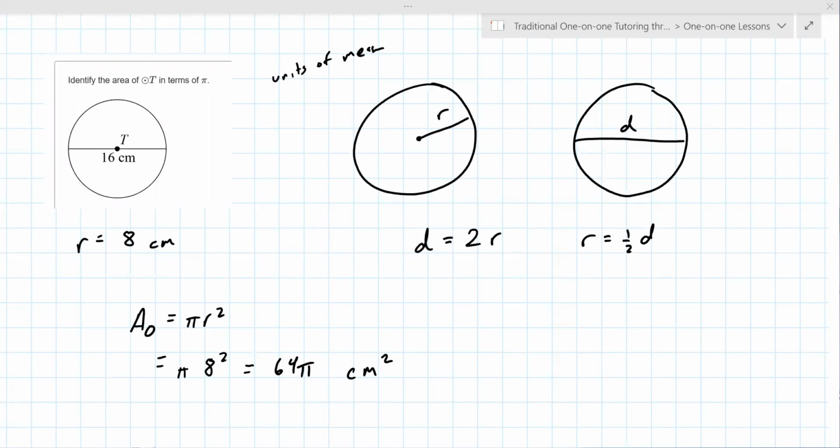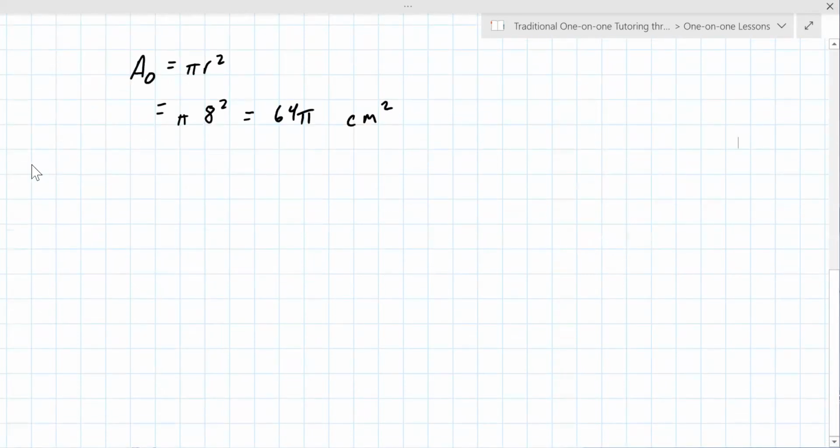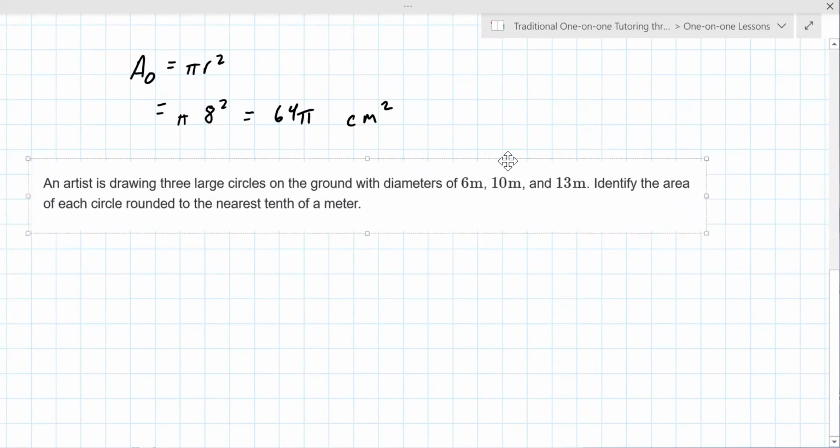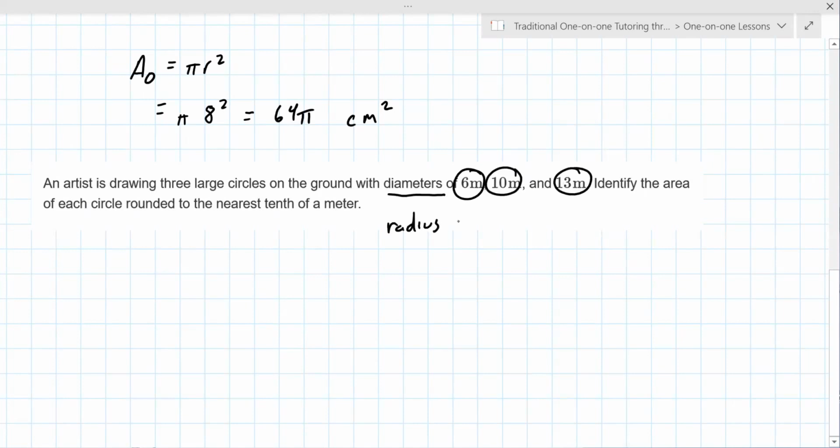Okay, so here is another problem to do. This time they don't give you a circle, but they tell you it's a circle. Let me snip it in, you'll see what I mean. An artist is drawing 3 large circles on the ground with diameters of 6, 10, and 13. So what are their radiuses?